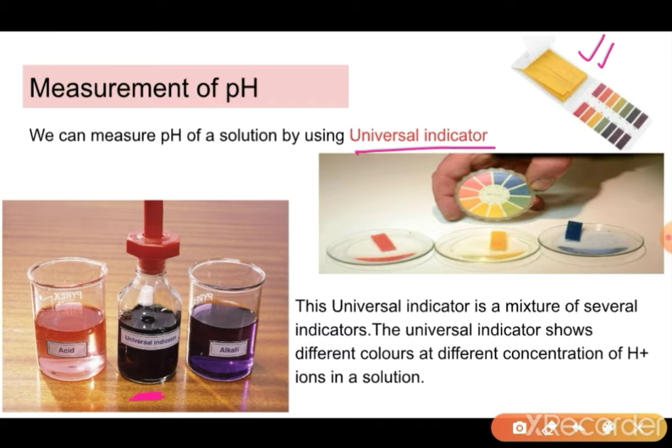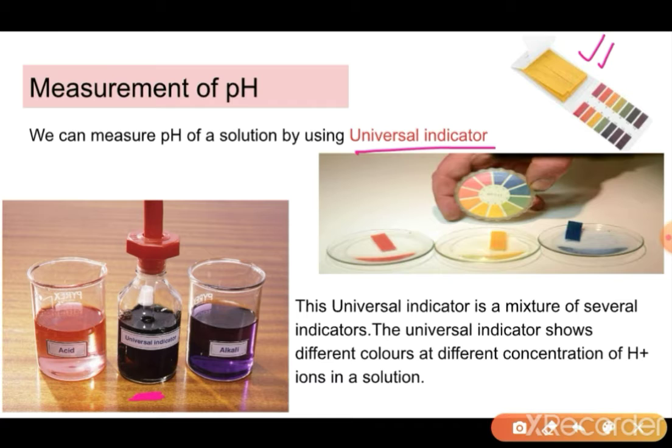Why are we calling it a universal indicator? By changing its color, it tells us whether the given substance is acidic or basic in nature. We use the word universal because it tells us about acids, bases, as well as neutral solutions.